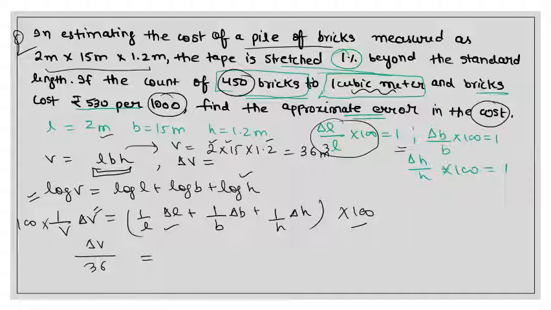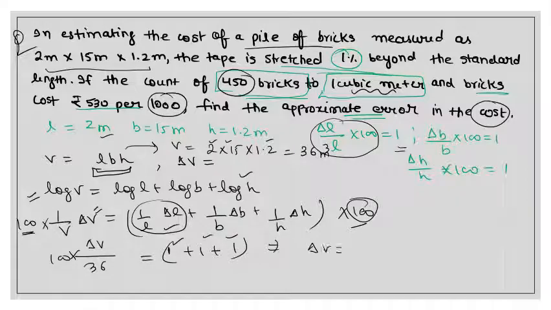The 100 is here, here is also 1, here is also 1. Same here. So delta v is equal to 3 into 36, with 100 in division. So this is your answer for delta v, that is the change.